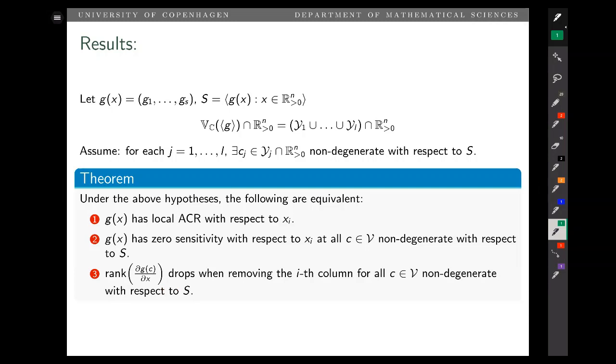And it is the same as checking that the rank of the Jacobian matrix, which was full, drops when I remove the i-th column. So what I'm proving here is that this criterion that I told you was easy to get from the sensitivity is also the criterion for local ACR under this hypothesis above.